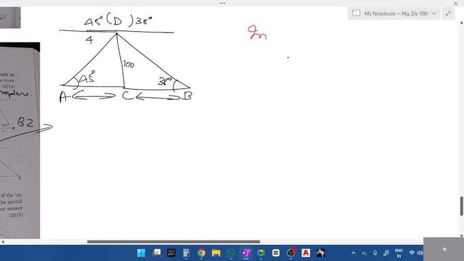ACD or B? ACB is a straight line. Is it a triangle? ACB? D, that's what I'm asking. D or B? D, right? Ah, ACD.